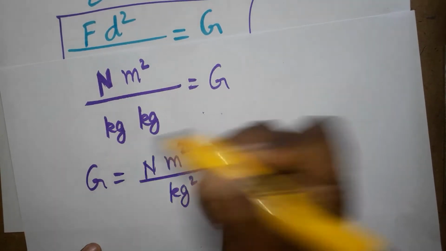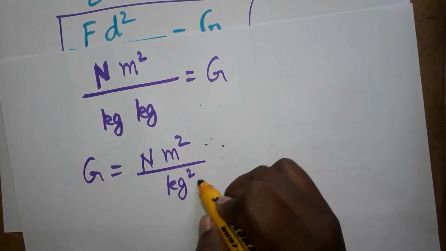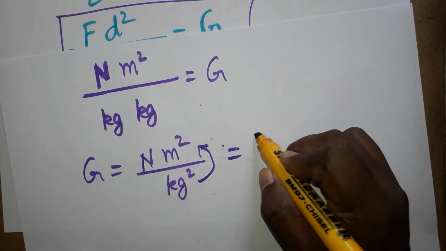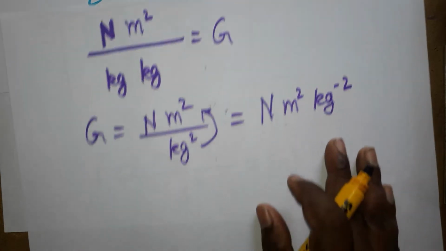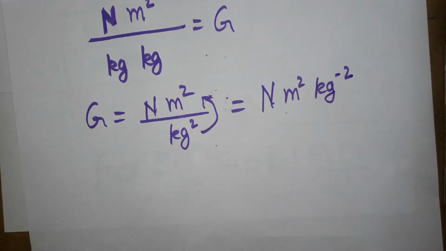Moving kg square from the denominator to the numerator, it is Newton meter square kg minus 2, one of the units of G.